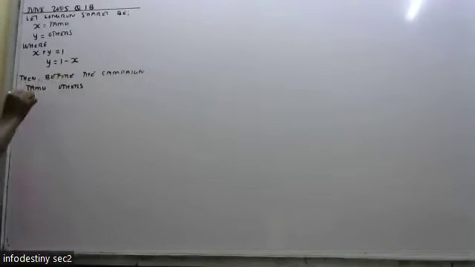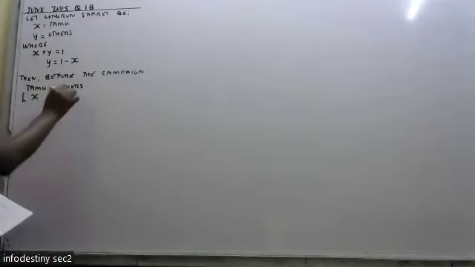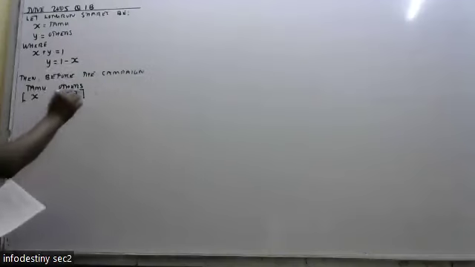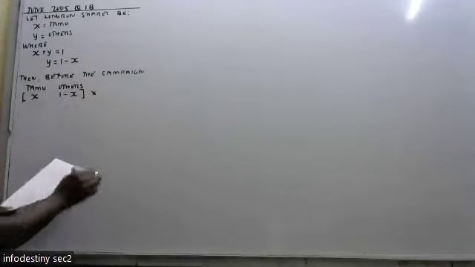Tamu is represented by X, others are represented by Y, but instead of writing Y, we will write 1 minus X, times the transition matrix.